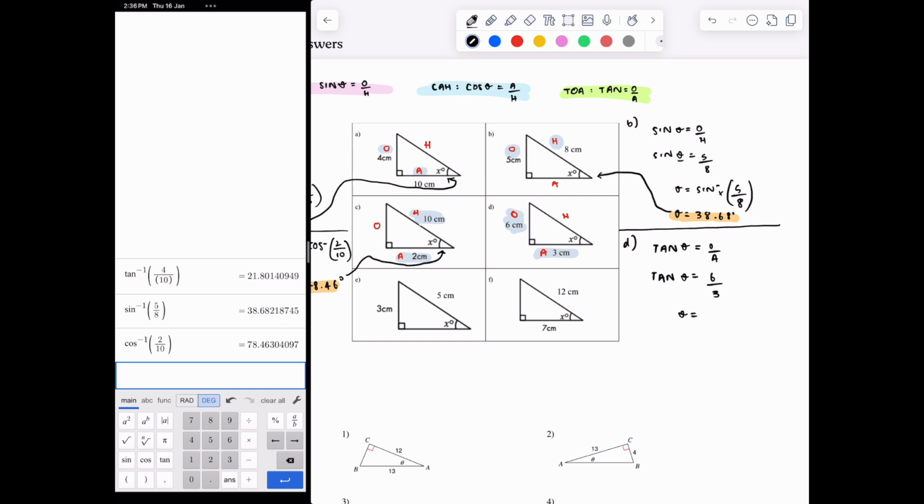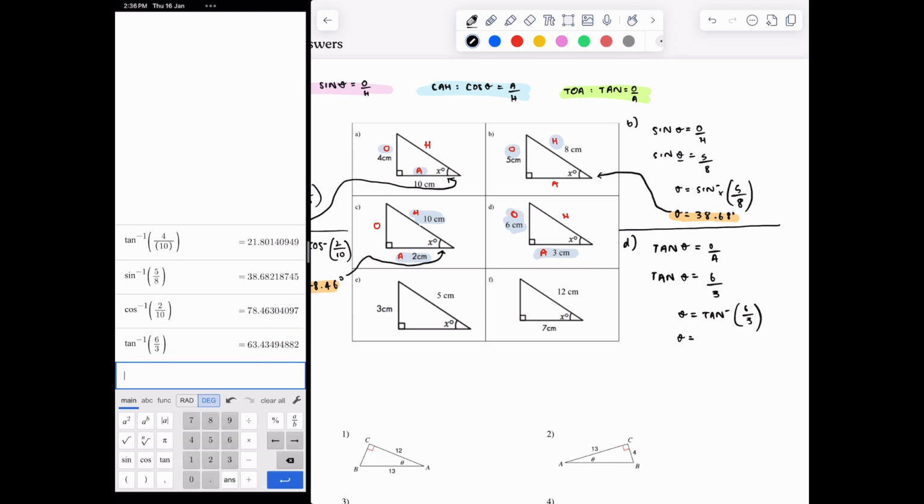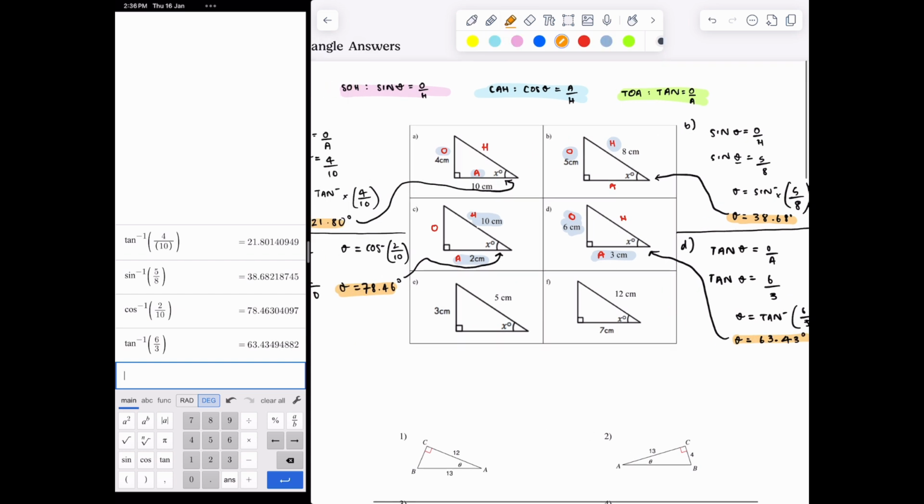And now we need to rearrange to find the angle. So the angle for this is inverse tan times 6 over 3, and we get the value of 63.43 degrees. So that's the angle of this particular triangle.